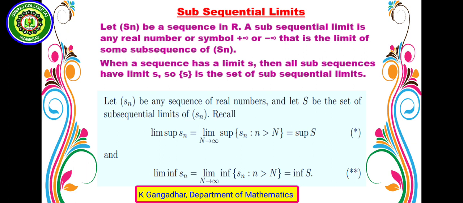We define limit supremum Sn equal to limit as n tends to infinity of supremum of Sn such that n greater than N, which equals supremum S. And limit infimum Sn equals limit as n tends to infinity of infimum of Sn such that n greater than N, which equals infimum S. So supremum S is called limit supremum Sn, and infimum S is called limit infimum Sn, and these two are subsequential limits of the sequence.